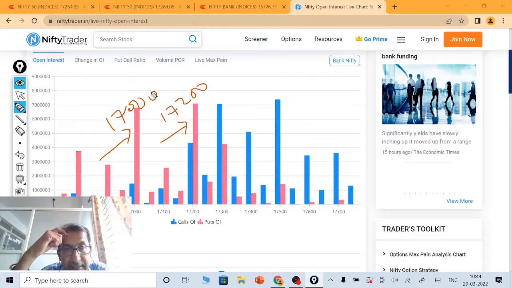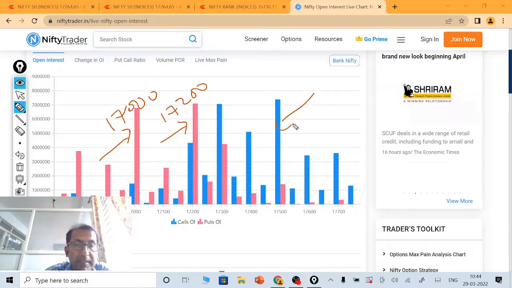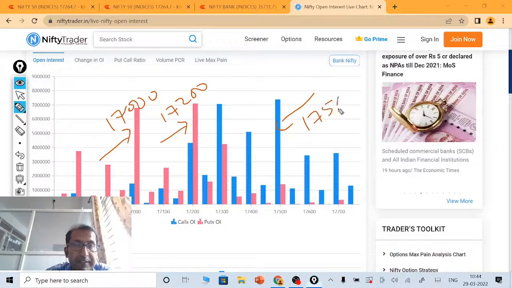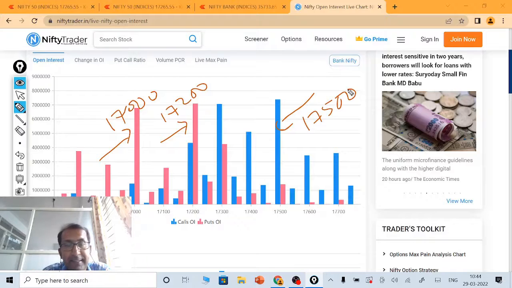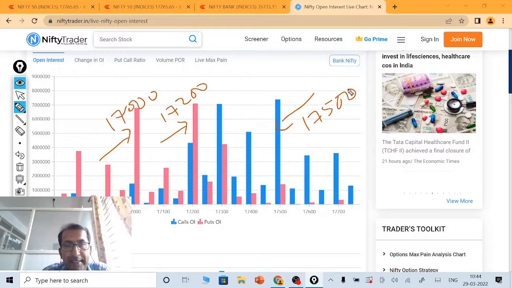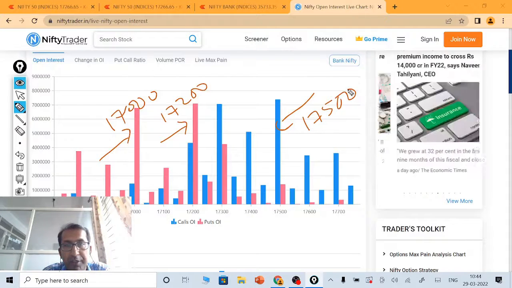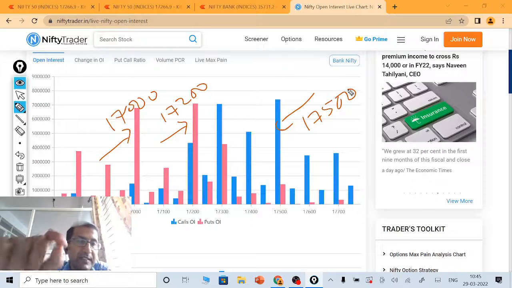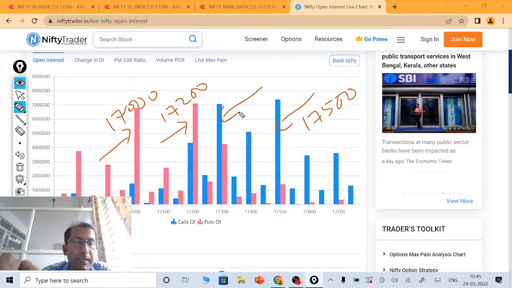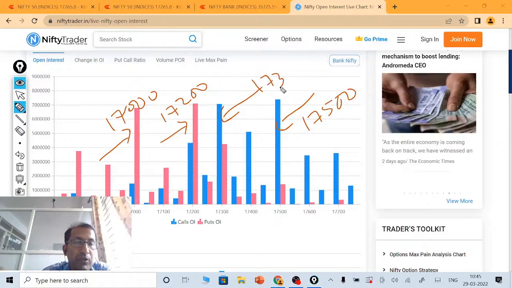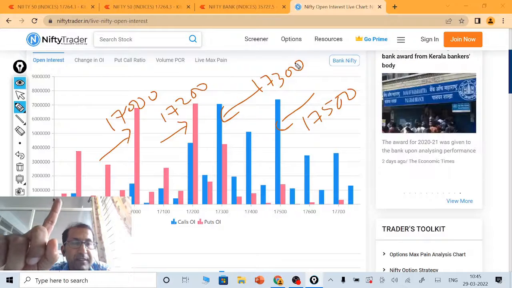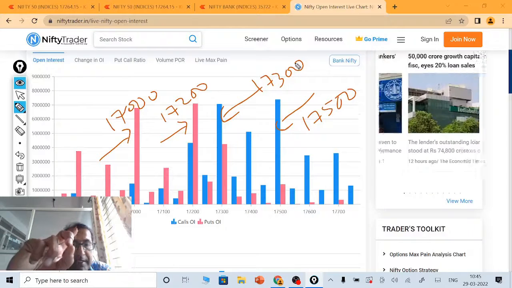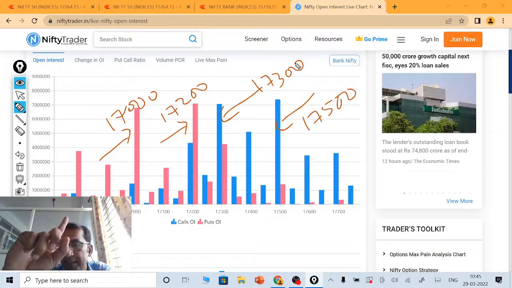You can see the highest call build up is around 17,500. So 17,500 is going to be a major resistance. The market is ranging between 17,200 and 17,500, and there is also a call build up at around 17,300 levels. So 17,300 also is going to be a major resistance. Now the market is trading in a range of 17,200 to 17,300.